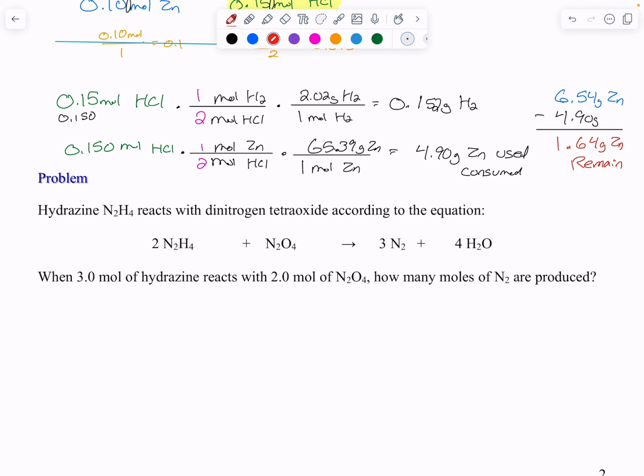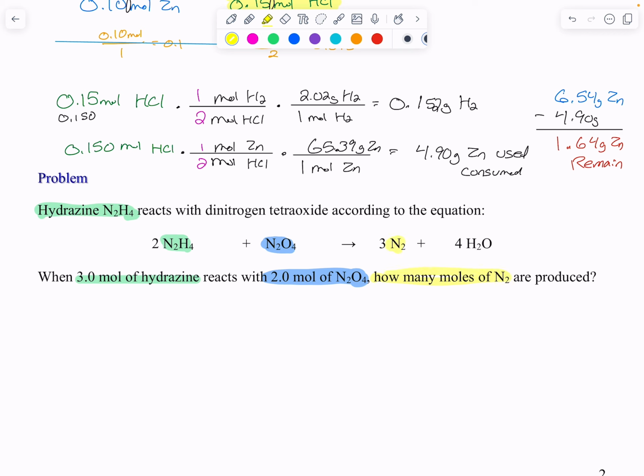All right, we have 3 moles of hydrazine, right? And if you are like me and like colors, I got 3 moles of hydrazine, which is this one, right? Because it tells you hydrazine is that one right there. Reacts with 2 moles of N2O4 dinitrogen tetroxide, right there. How many moles of N2?